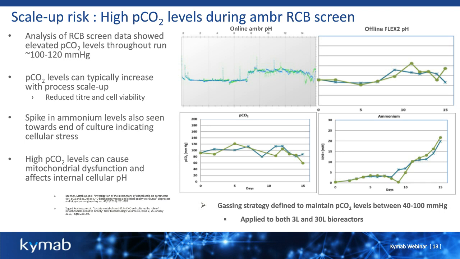There is some literature out there suggesting that high PCO2 levels can cause mitochondrial dysfunction and affect the internal cellular pH. So to mitigate against these high PCO2 levels, a gapping strategy was defined to maintain the PCO2 levels between 40 to 100 millimeters of mercury, and this strategy was applied to the 3-liter benchtop and 30-liter single-use bioreactors.